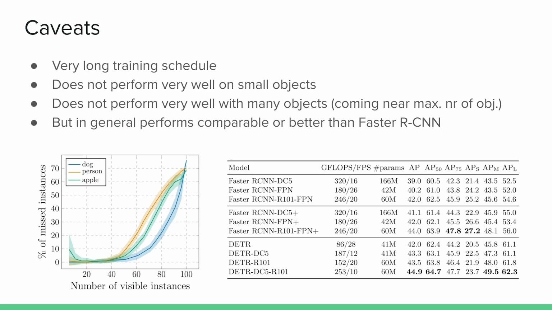Unfortunately, there are some caveats, so it's not perfect for all sorts of tasks with object detection. You have a very long training schedule. I think it's 6 days and 8 GPUs that they trained their model on. It does not perform very well on small objects, and it doesn't perform very well if you have a lot of objects.